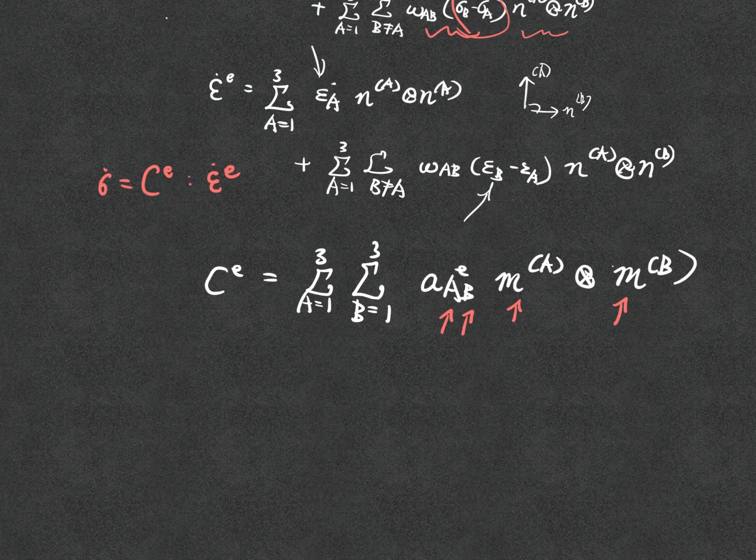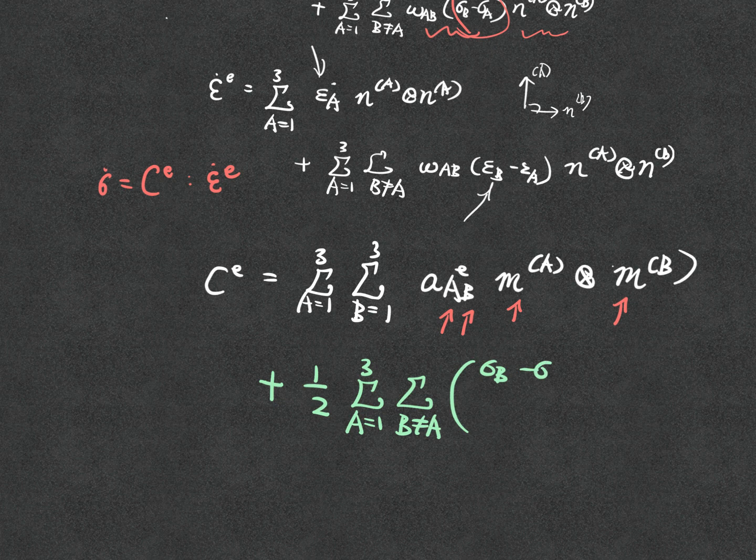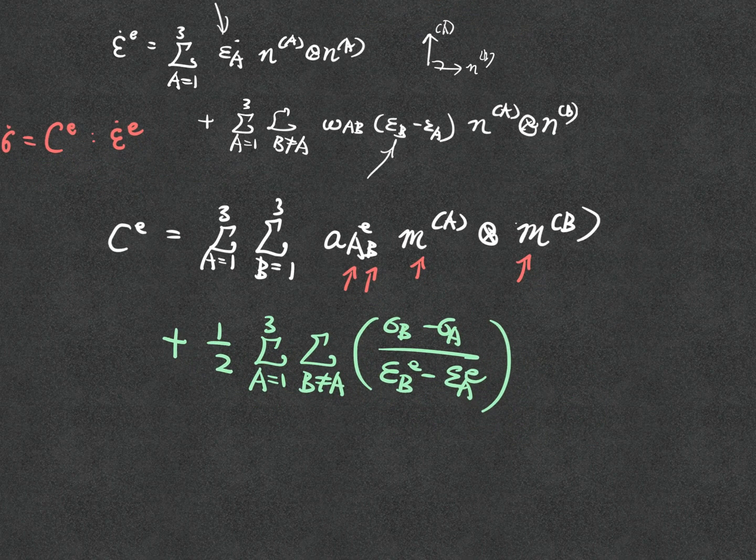And I still have the principal term where I actually update the principal values, but I also need a second term that tells me the spin.